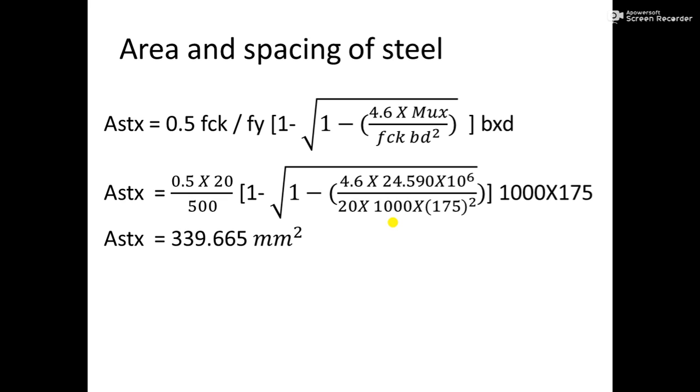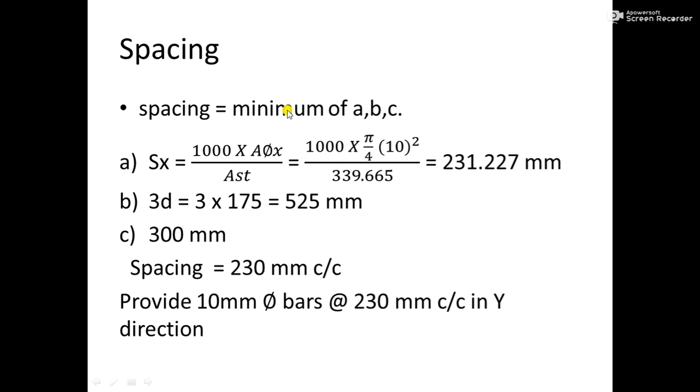Then calculation of steel. Same steps as adopted in one-way slab or cantilever slab. Put all the values here: fck, fy, moment along x, b, d, and calculate the main steel along x direction. It comes to be 339.66 mm square. Then spacing along x direction, Sx, same formula, b into area of one steel bar divided by total Ast.